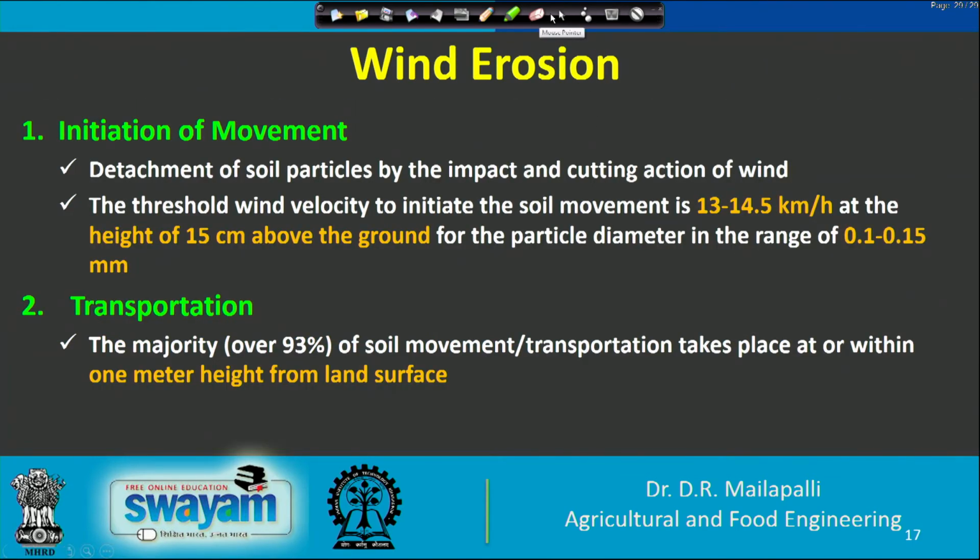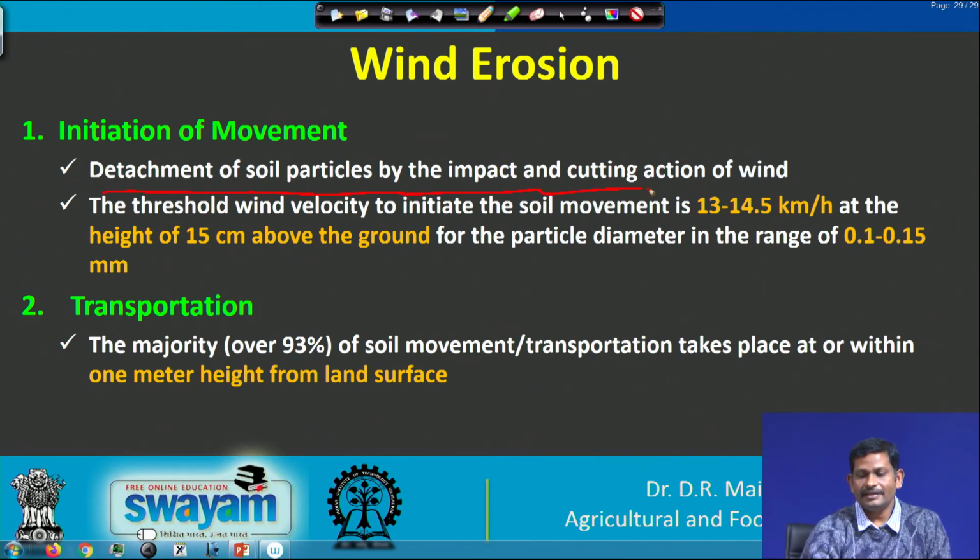One is the wind erosion, the initiation of the movement. So, this is important. This is the detachment of soil particles by the impact and cutting action of the wind. Generally, the wind at 15 centimeter height above the ground, with a wind velocity of 13 to 14.5 kilometer per hour, can lift particles in the range of 0.1 to 0.015 mm, or 100 to 150 microns in size, if there is a threshold.